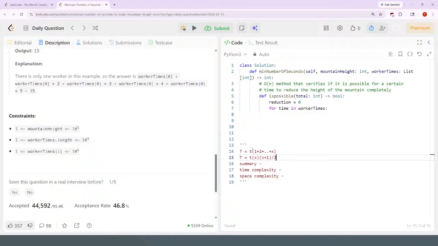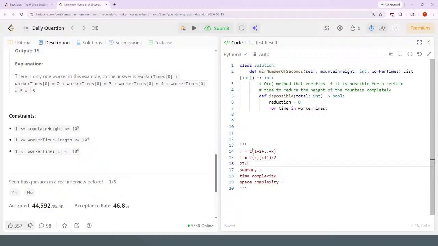It's quadratic. Don't really want to use the quadratic formula to solve this. That'd be 2 times the total time divided by the worker time is equal to x squared plus x.